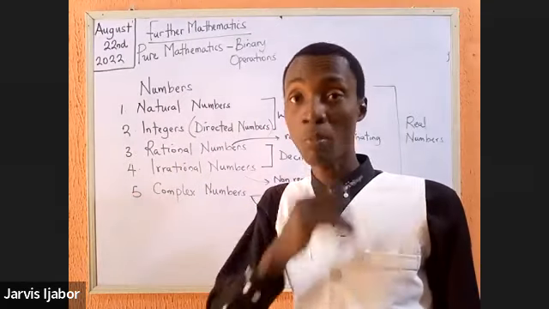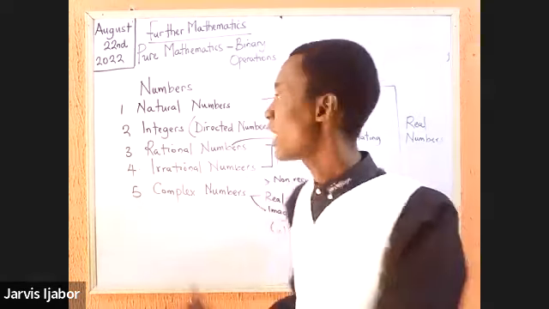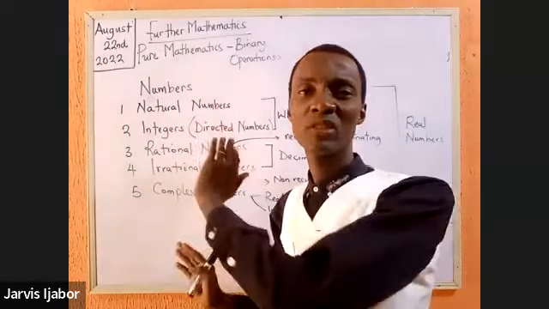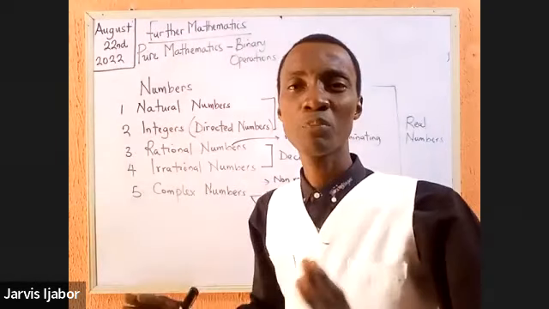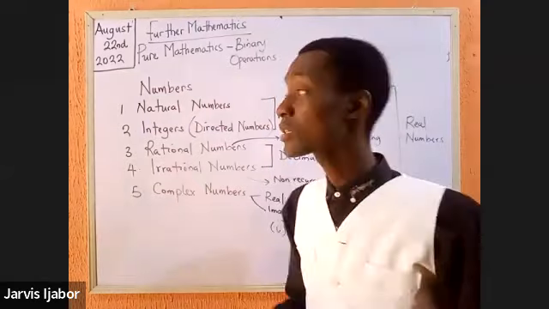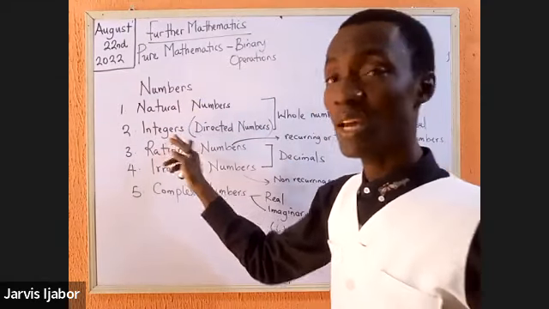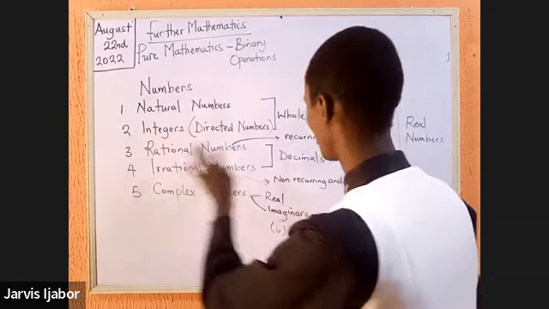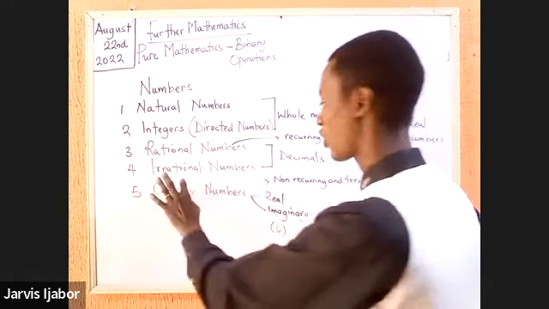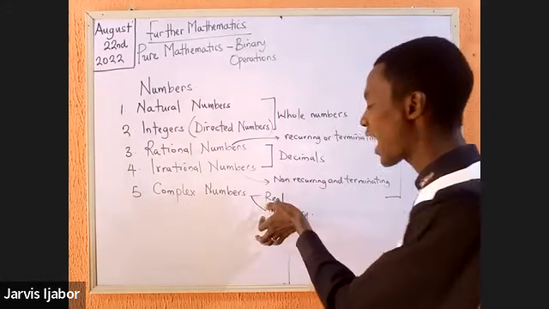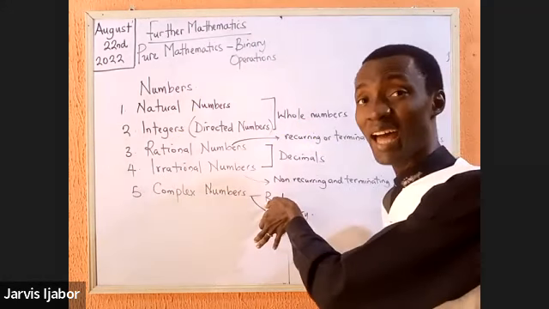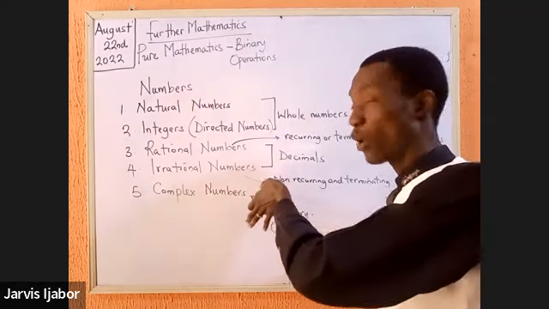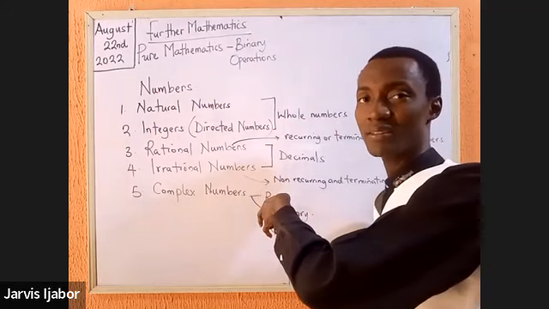Other mathematicians will come up with different classifications, but I've used this model for years to make things very, very simple for us. The 5 types of numbers: natural numbers and integers, making up whole numbers; rational and irrational numbers, making up decimals; and complex numbers, which must have an imaginary part and or a real part.